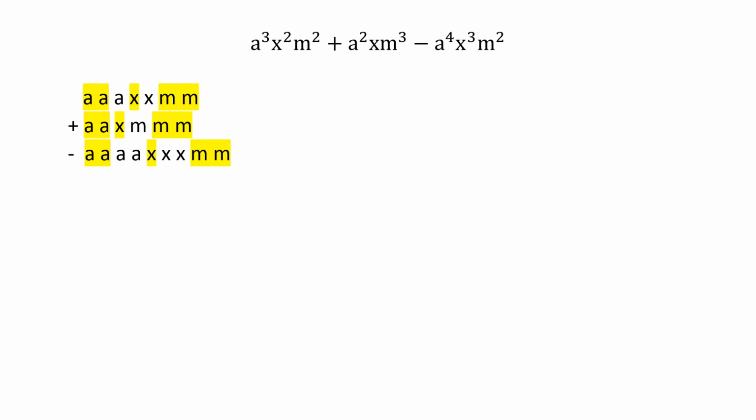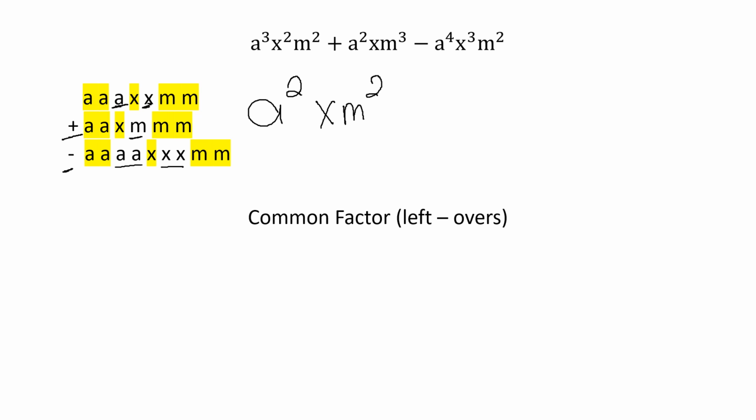So my common term, what do they have in common? They have 2 a's, they have an x, and they have 2 m's. Then my leftovers are ax, plus m, minus a squared x squared. Common term goes outside, leftovers go inside. And because I started with 3 terms, I need to have 3 terms inside here.